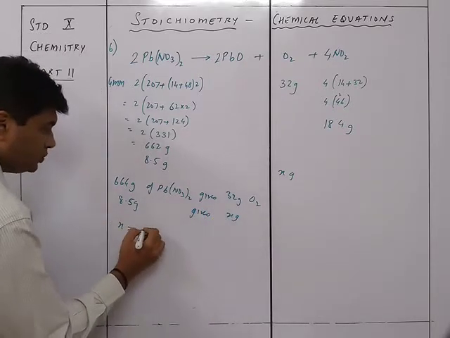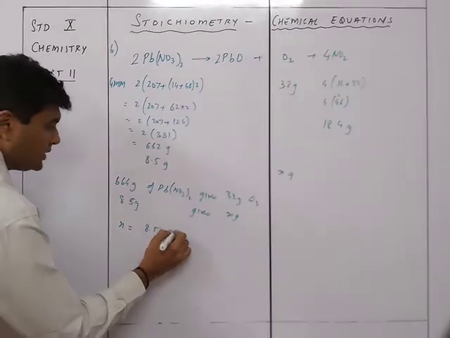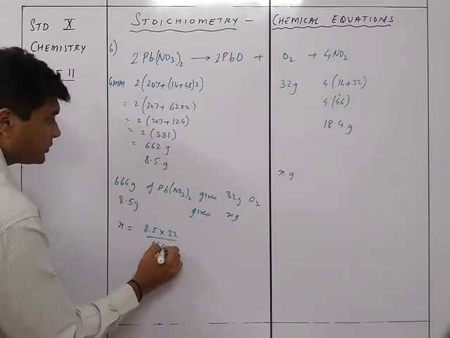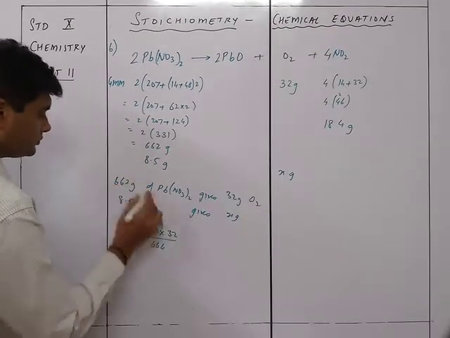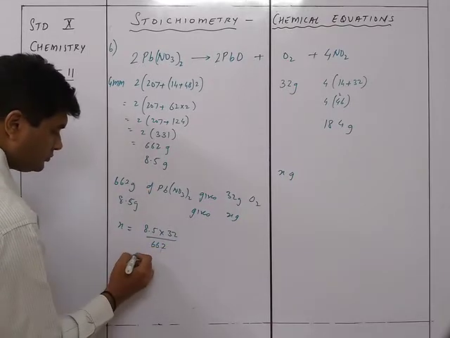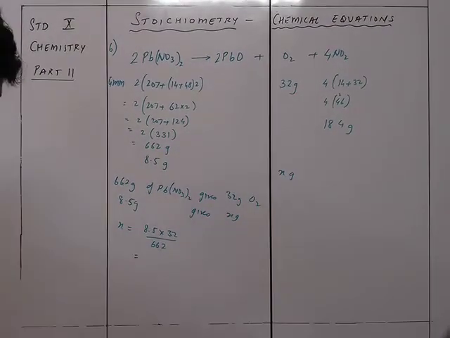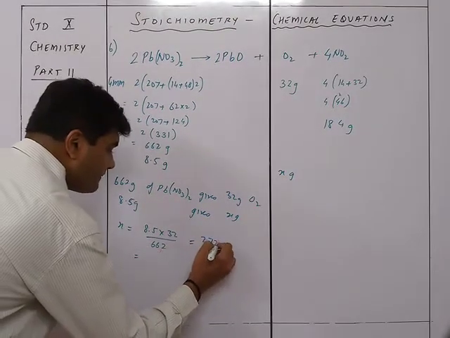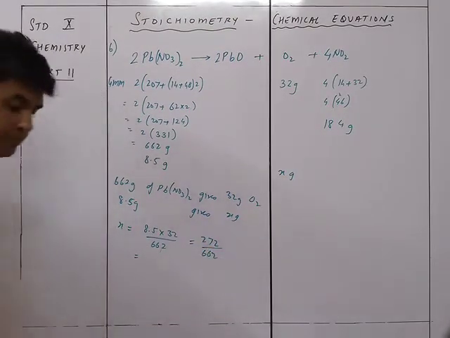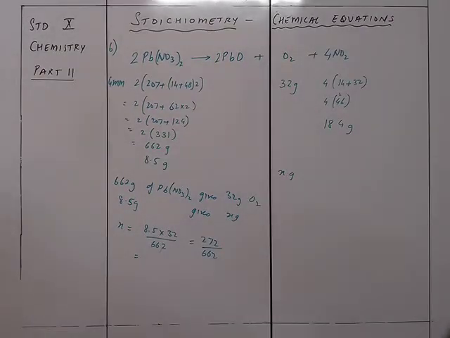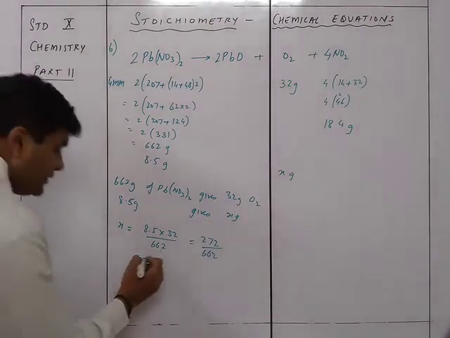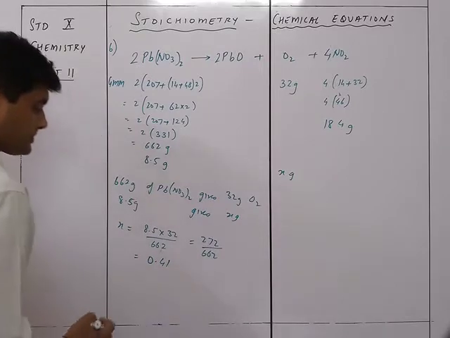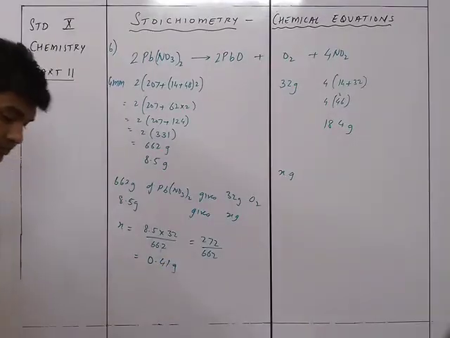So X is equal to 8.5 into 32 upon 662. Okay, so 8.5 into 32 is 272 upon 662, that gives me 0.41 grams.